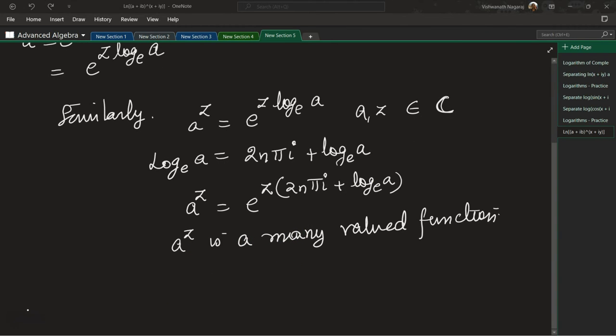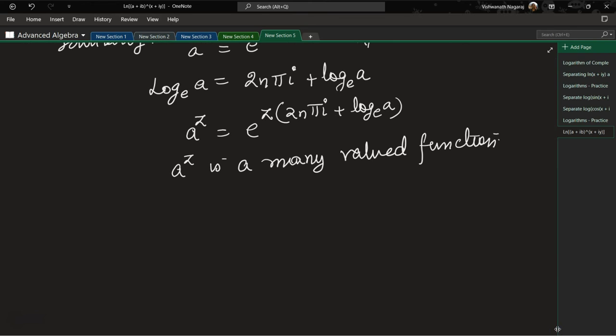Now, one of the things that we have noticed is that we should be in a position to separate out the real and imaginary parts. So let's see how we can separate the real and imaginary parts of a complex number to the power of a complex number. So (a plus ib) to the power of (x plus iy).